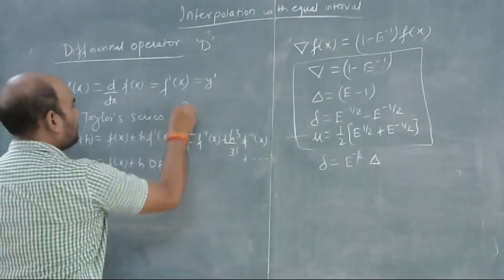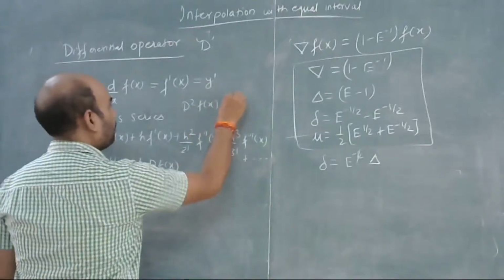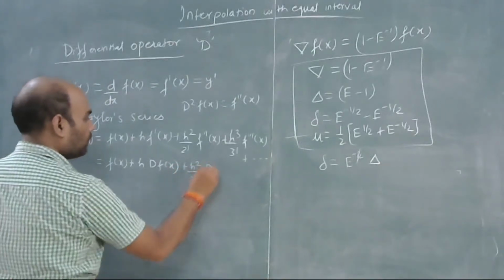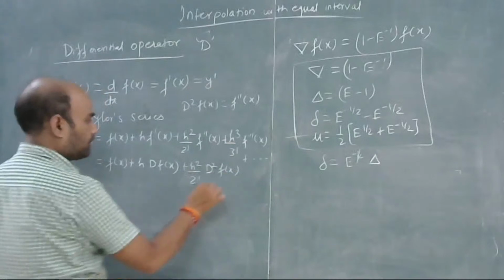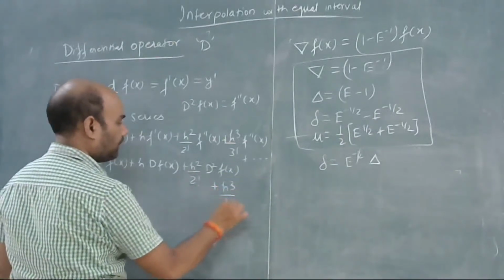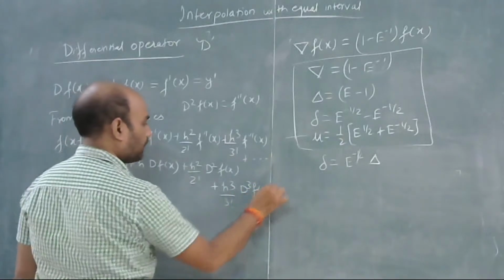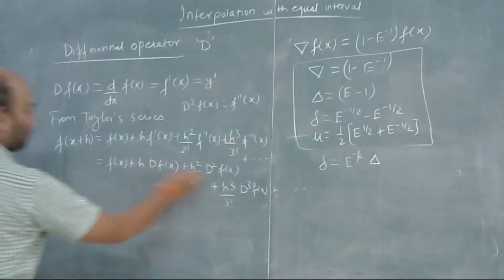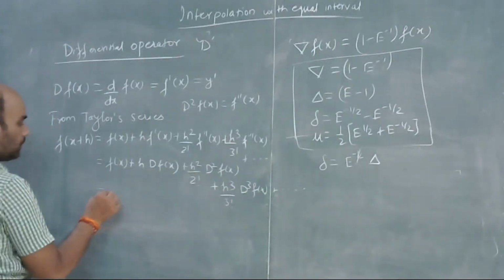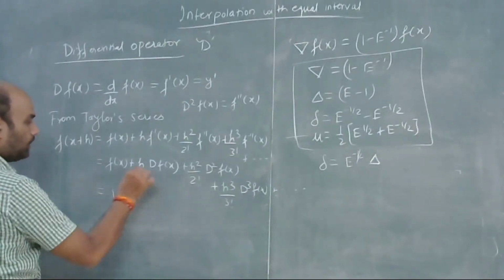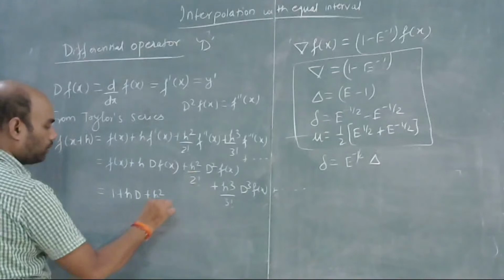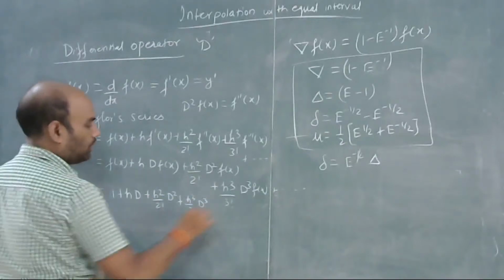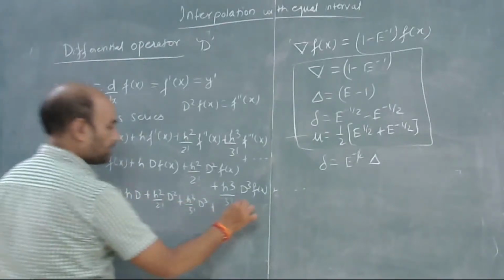And D squared f(x) is f''(x), so this can be written as h squared by factorial 2 D squared f(x), and this will be h cubed by factorial 3 D cubed f(x) and so on. So this is written in terms of D. Take f(x) as common: 1 plus hD plus h squared by factorial 2 D squared plus h cubed by factorial 3 D cubed plus so on, and f(x) is taken out.